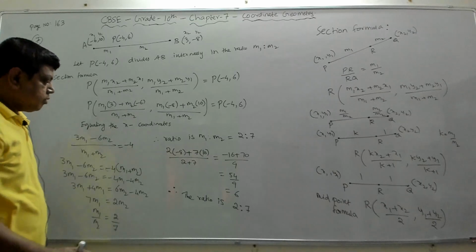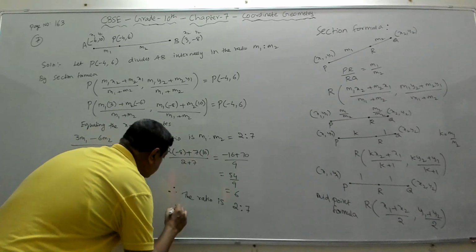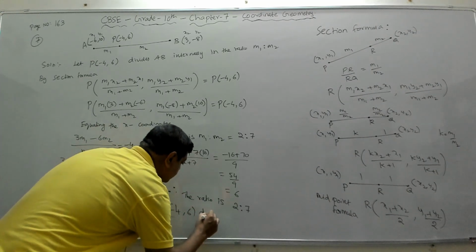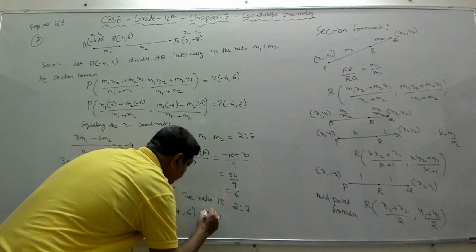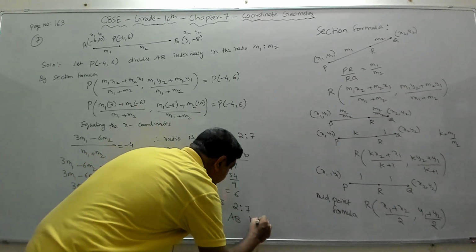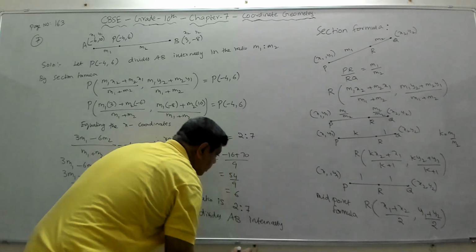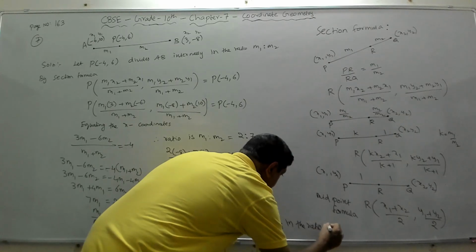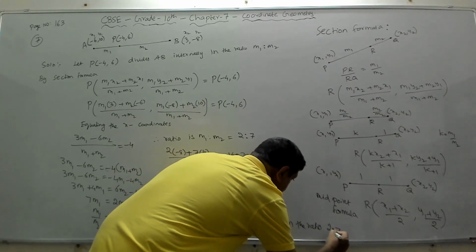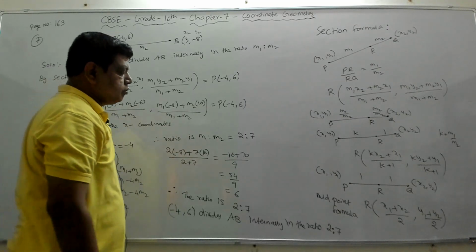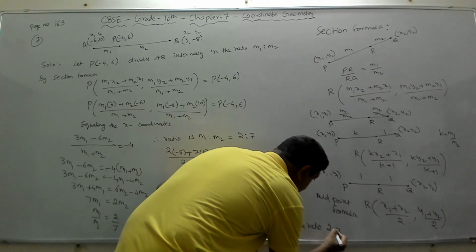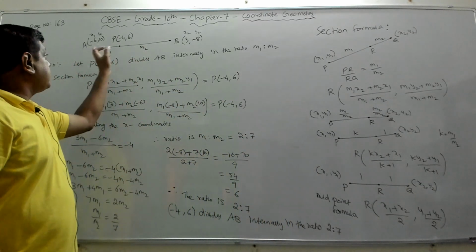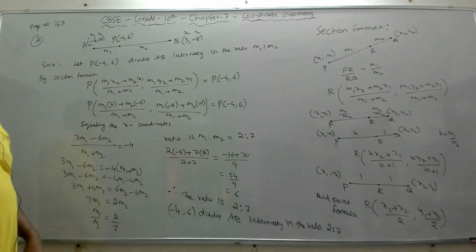So the point minus 4 comma 6 divides AB internally in the ratio 2:7. That is the answer. So this is your answer. We have found the value.